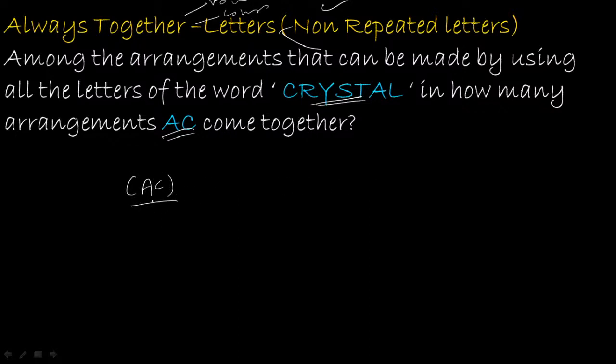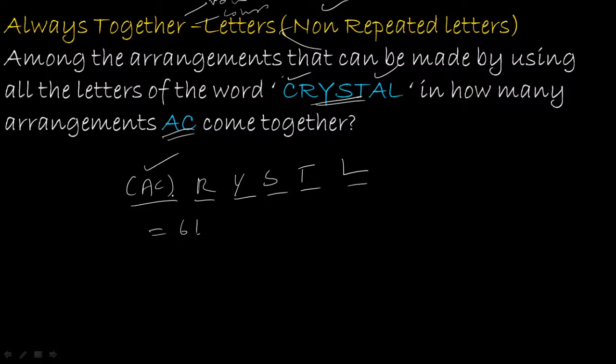If A and C come together, you have to take these two as only one entry. Leaving A and C, you have R, Y, S, T, L. So in total you have 1, 2, 3, 4, 5, 6 letters. So the total number of possible arrangements for 6 among 6 is 6 factorial.